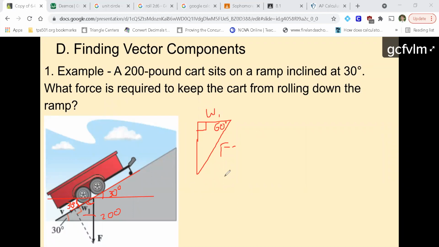And since F is 200, I'm going to use trigonometry to find W1. W1 would be the adjacent side to 60 degrees, and 200 would be the hypotenuse. So the cosine of 60 degrees should equal W1 over 200.